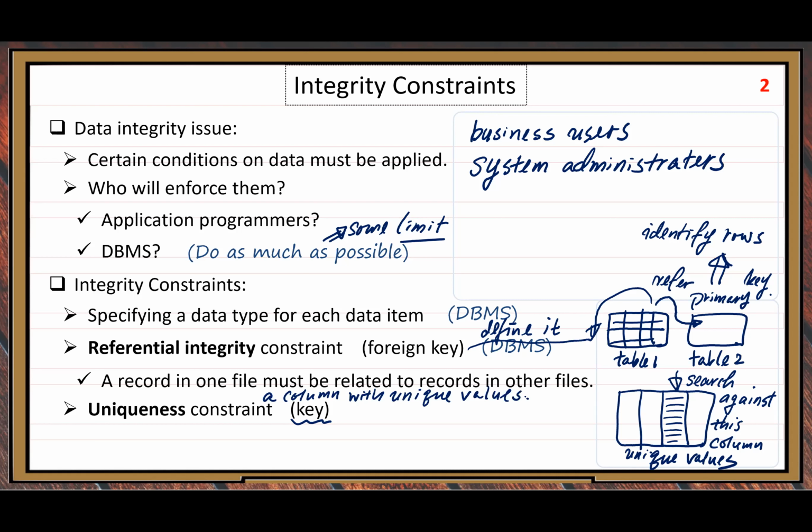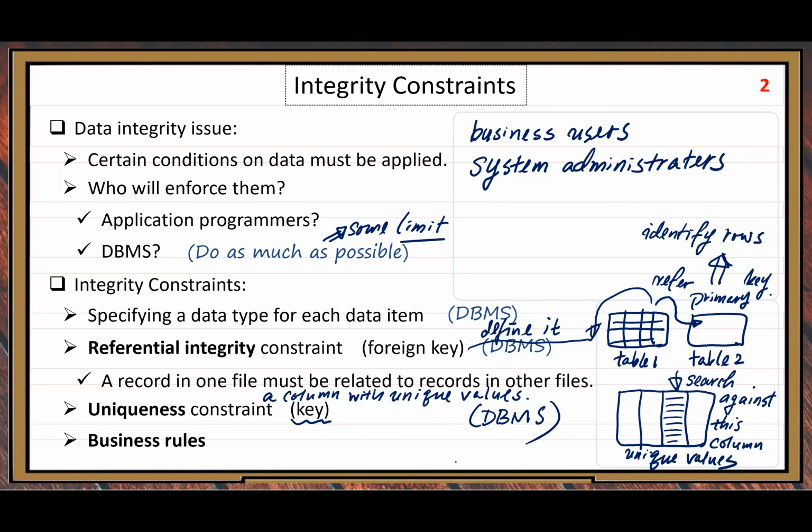Because this concept is important, later we need to use the key concept many times, frequently. One of our basic concepts, key concept. And you can see this constraint is enforced by the DBMS easily.